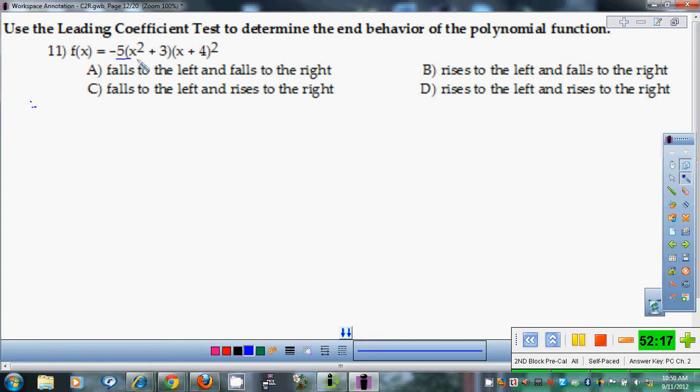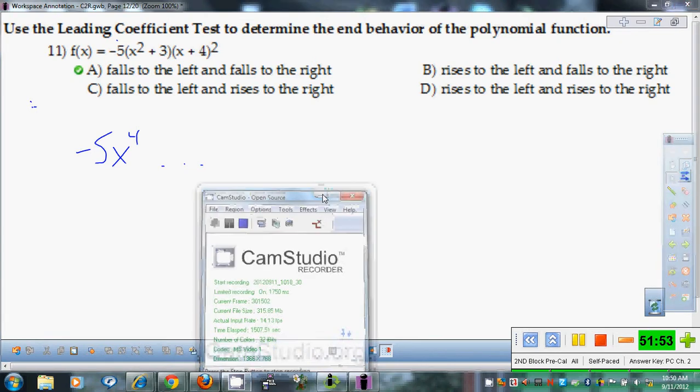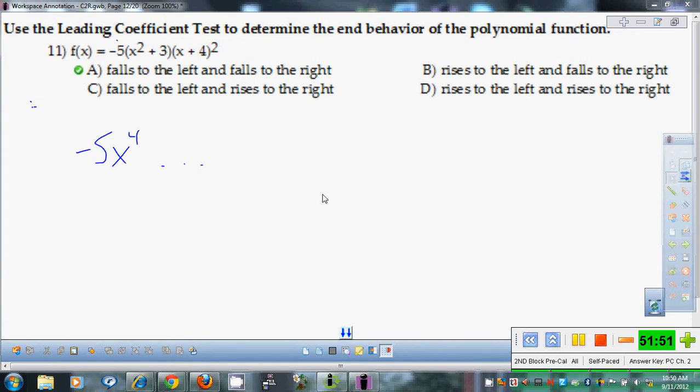When you FOIL all this out, which is the safest way to do it, you'd get negative 5x to the 4th as your first term. And that's the only thing that matters when it comes to end behavior. Even negative makes that down, down, falls to the left, falls to the right. Your end behavior chart should be in your notes. I recorded that, didn't I? Double check every question.